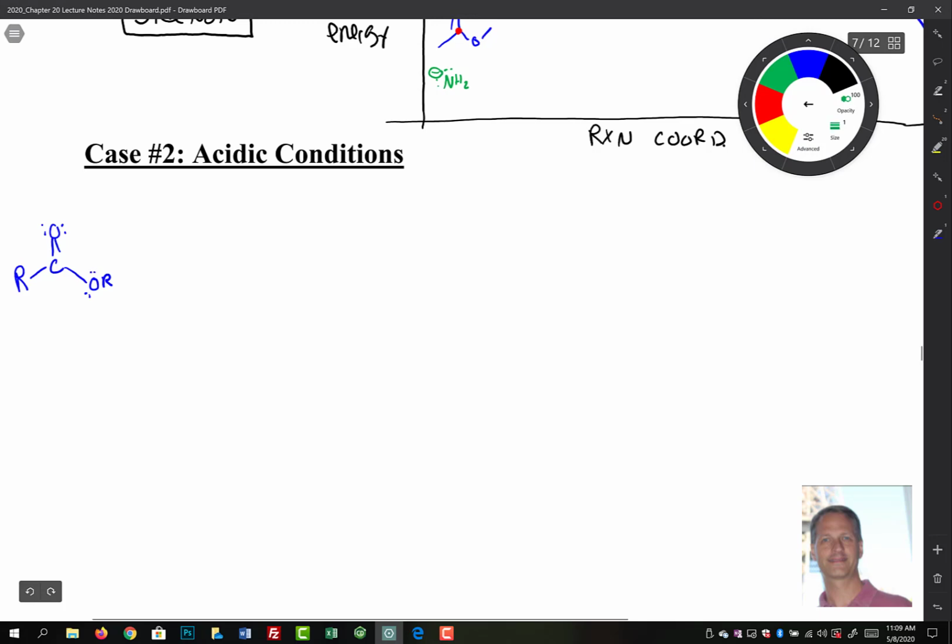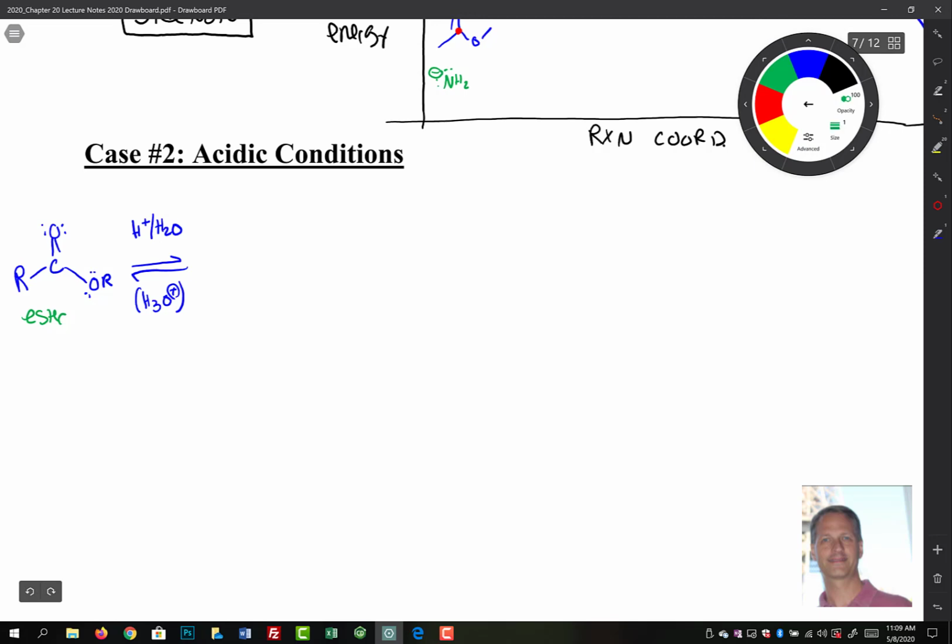Okay, so here is our ester. Now acidic means H3O plus, so I'm going to write here H plus slash H2O, but we need to remember that this of course is H3O plus, right? So I'm okay with you just writing H plus H2O here.